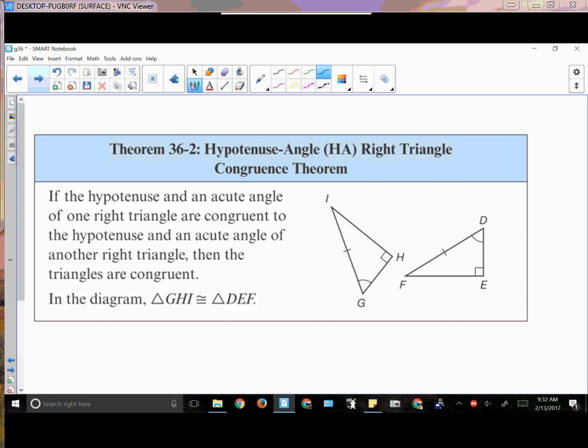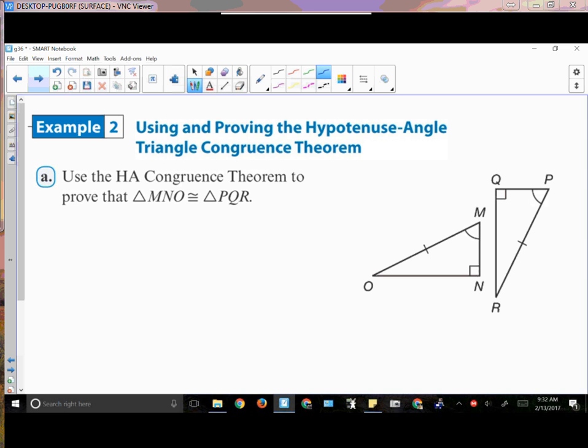Alrighty. So this one is supposedly hypotenuse angle. Now, please remember that in a right triangle, we do make a distinction between the hypotenuse as a side and the other two legs. Please keep that in mind. So, let's take a look at this. Should these two be congruent given the following information? Well, let's see. We have angle N is supposed to be congruent to angle Q. Both right angles, so that's given.